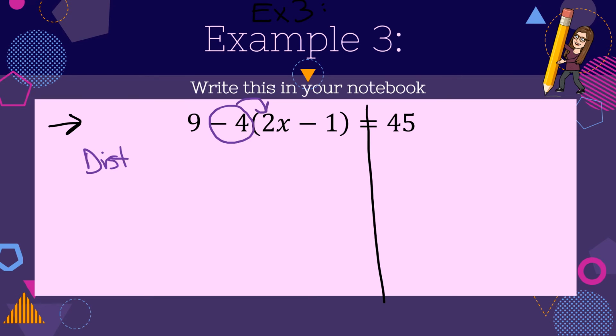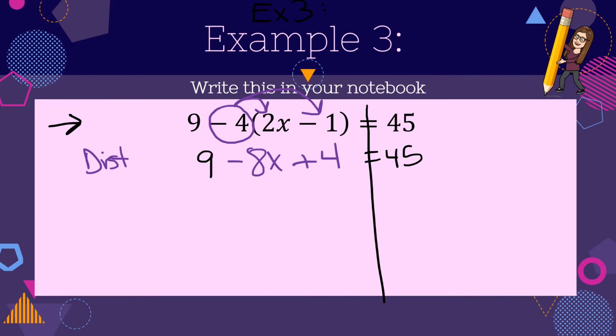If I distribute a -4 into parentheses, that means the 9 falls down, equals 45. Sometimes I like to bring those down first. -4 times +2 is -8x. -4 times -1 is +4. All right, just one thing at a time.